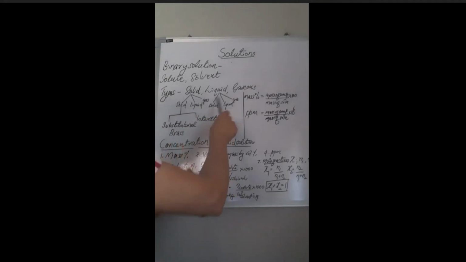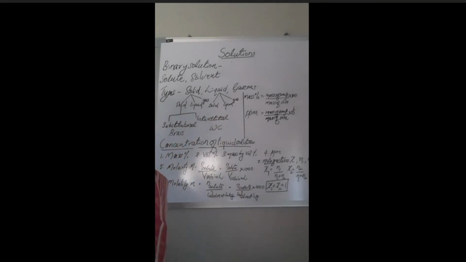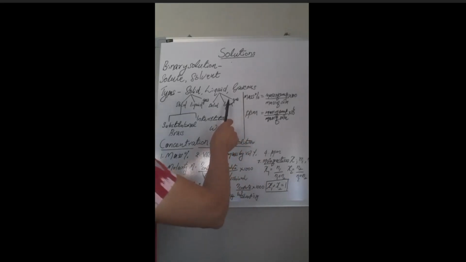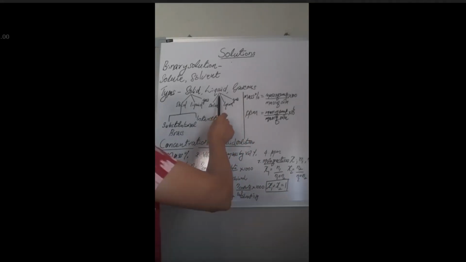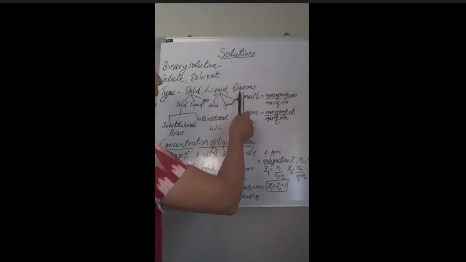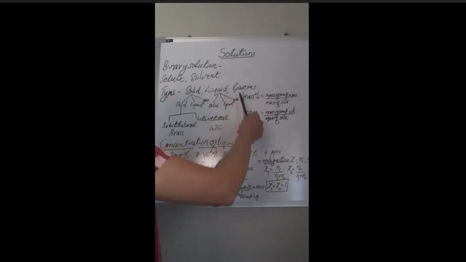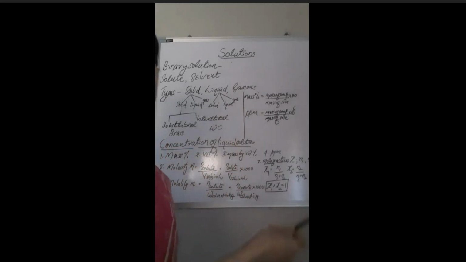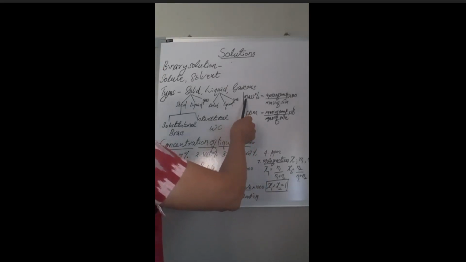In the same way, liquid solutions can be of three types: solid dissolved in liquid, liquid dissolved in liquid, and gas dissolved in liquid. Also, gaseous solutions can be solid dissolved in gas, liquid dissolved in gas, and gas dissolved in gas. Like air, which is a solution having major components nitrogen and oxygen.